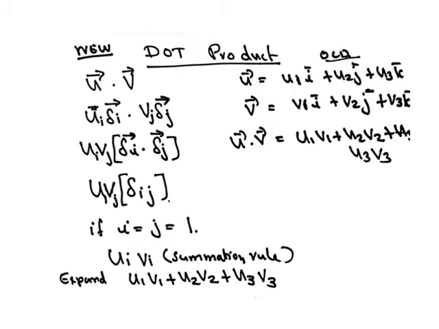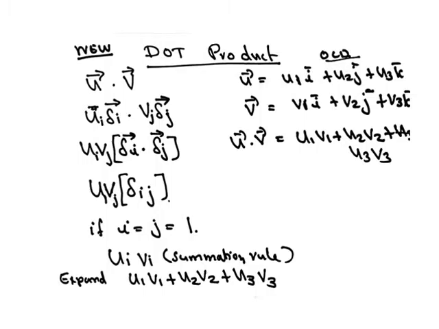Other terms are 0 as per the del ij condition. So no need to write del ij. Ui vi is good. Then we know that ui vi has one index repeating, so we have to add it. Summation rule, Einstein convention. So just expand: u1v1 plus u2v2 plus u3v3. The same thing we got in the previous notation also.